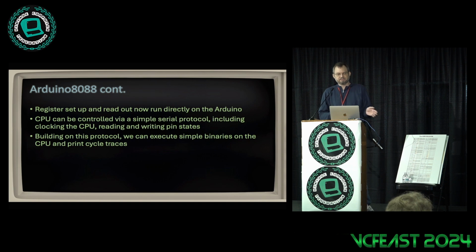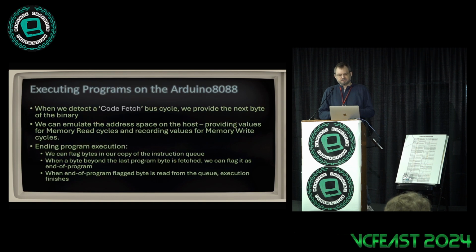And then we can have a simple serial protocol that you can communicate with this thing as a remote CPU server. So we can just give it 28 bytes for our desired register state, and it will set it up for you. And you just tell it to cycle the CPU or read a specific pin, and you get everything back. So you can actually make a bash script, compile an assembly file, and then upload it to the CPU and run it and get the traces back.